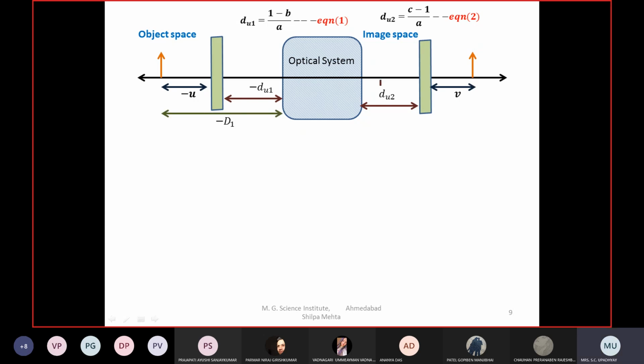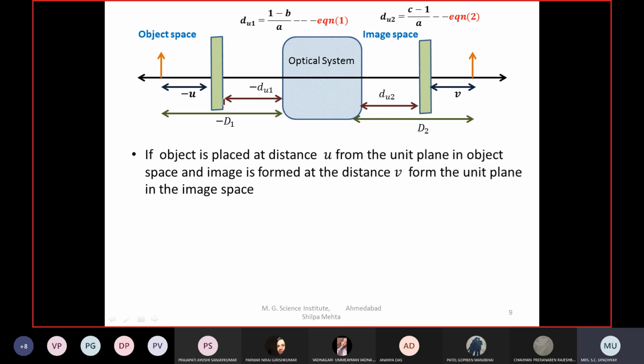The distance of the object from the optical system is considered as capital D1, and the distance of the image from the optical system is considered as capital D2. Then we can say that D1 is nothing but the summation of u and du1.